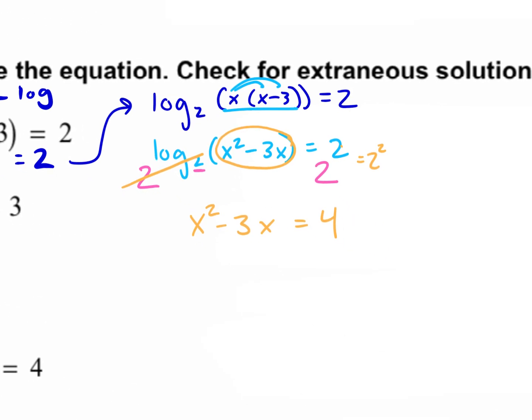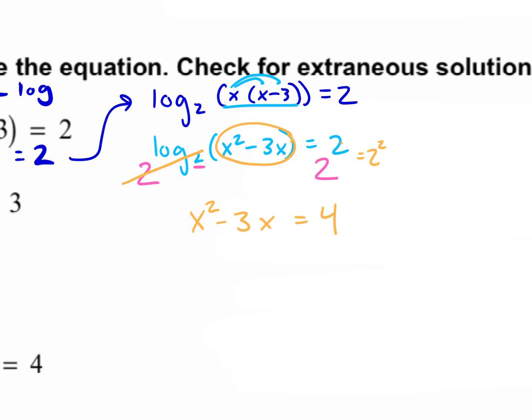All right, our favorite part that we know and love when we have x squared and x. What do we have to do, Gabby? Factor. So if we're gonna factor, it has to be equal to 0. Awesome, Jordan. We move the 4. So x squared minus 3x minus 4 is equal to 0.